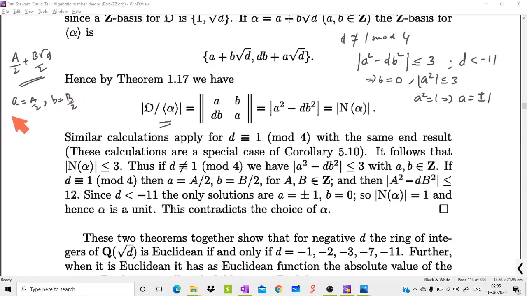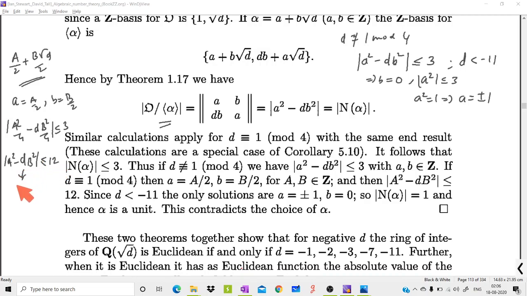So in this case, the norm a square minus d b square is A square by 4 minus d B square by 4. This is always less than or equal to 3. This means capital A square minus d capital B square is always less than or equal to 12. So this should be less than or equal to 12.